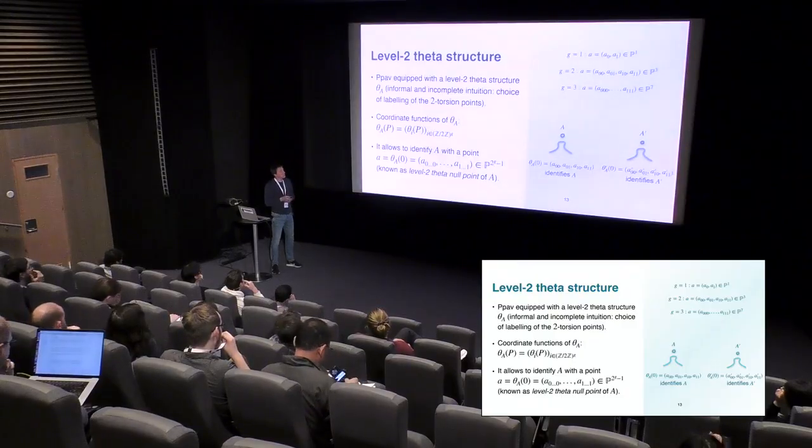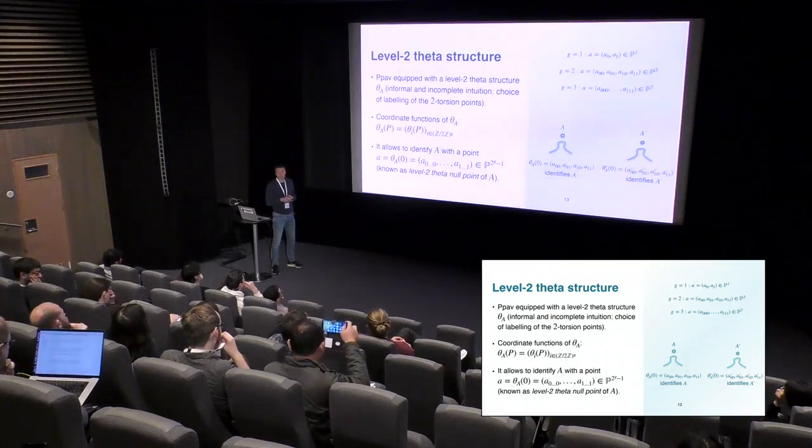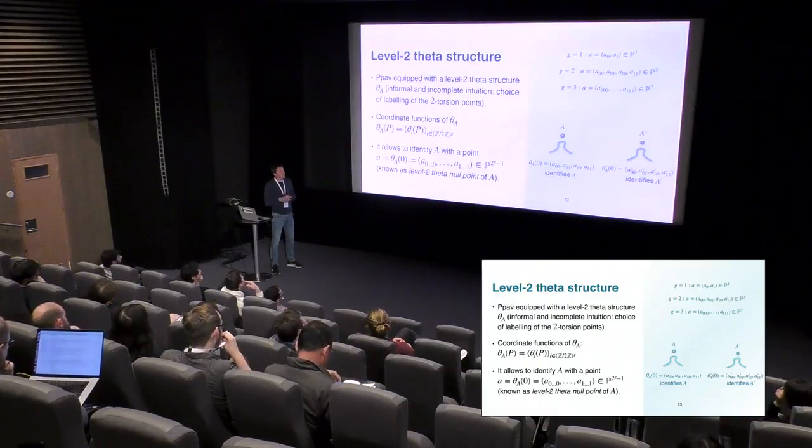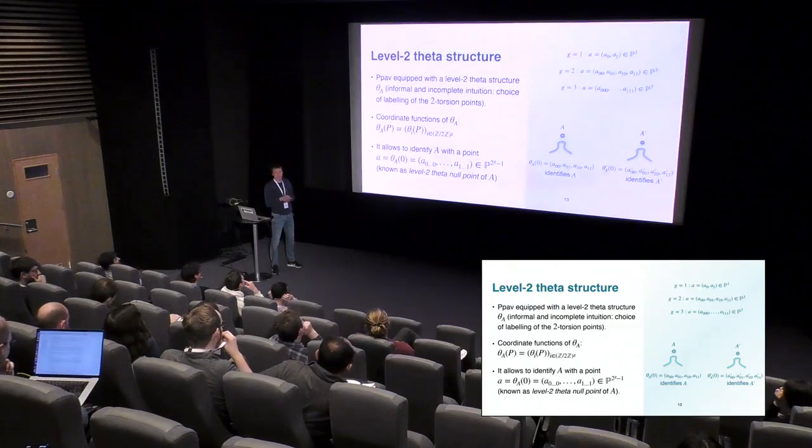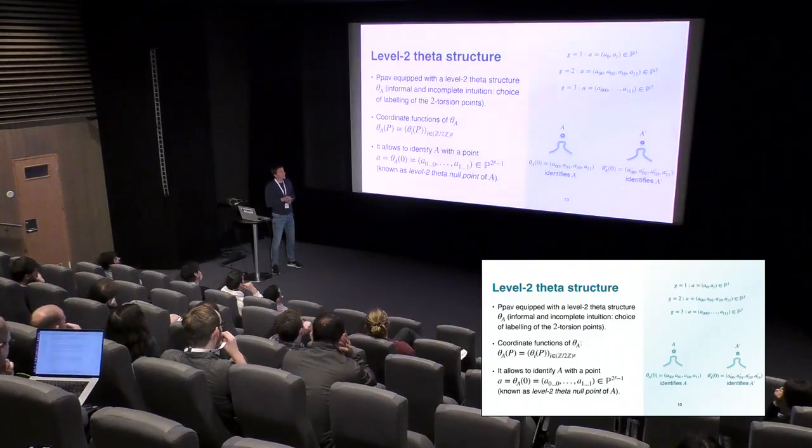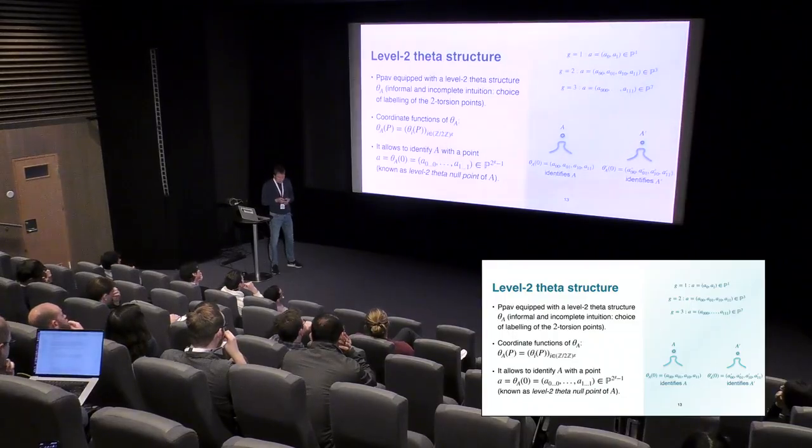And the interesting thing is that this null point identifies the abelian variety. So instead of j-invariants, as from the beginning of the presentation, you can use this null point to identify the abelian variety. So for example, for genus 1, for elliptic curves, you have a point in projective space of dimension 1, which identifies the elliptic curve. And in genus 2, you have a point in projective space of dimension 3, which identifies the abelian surface, and so on.